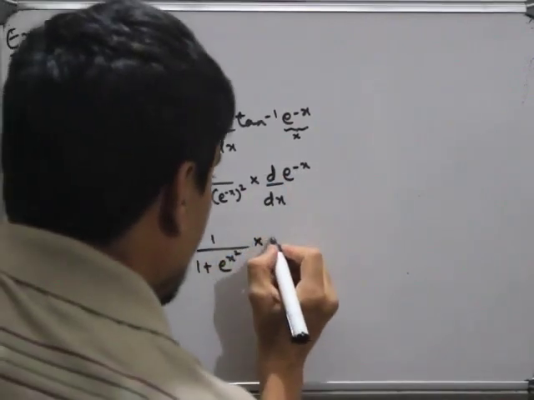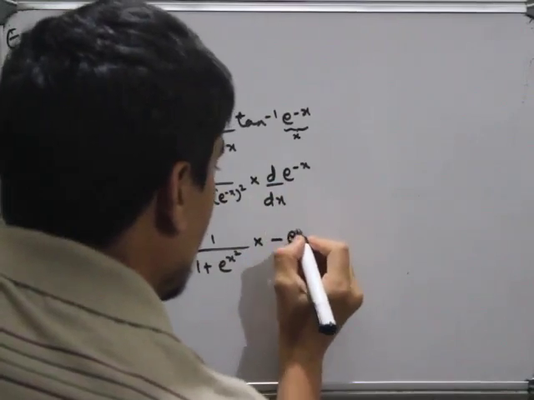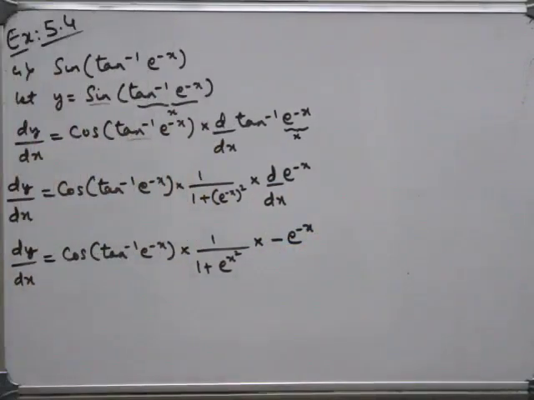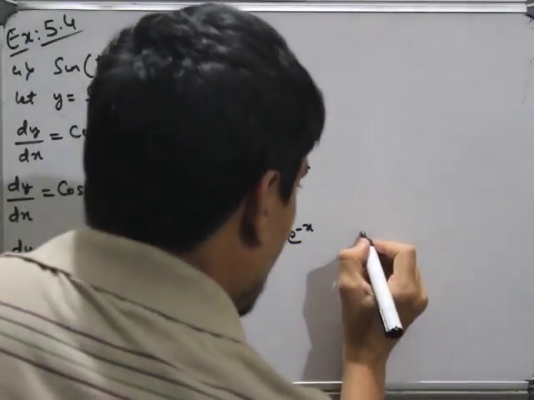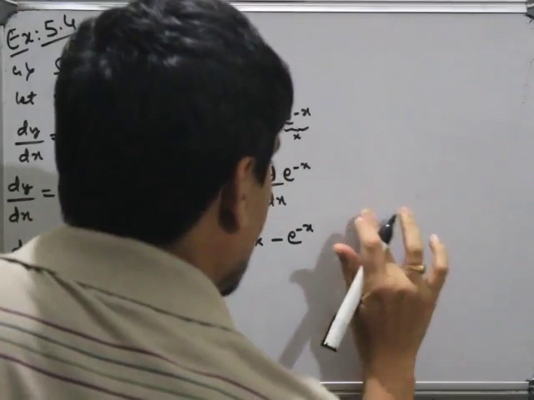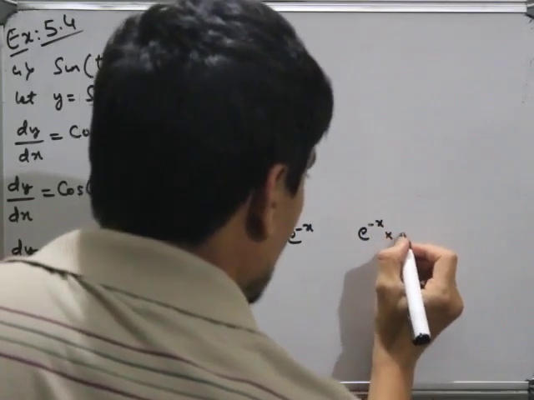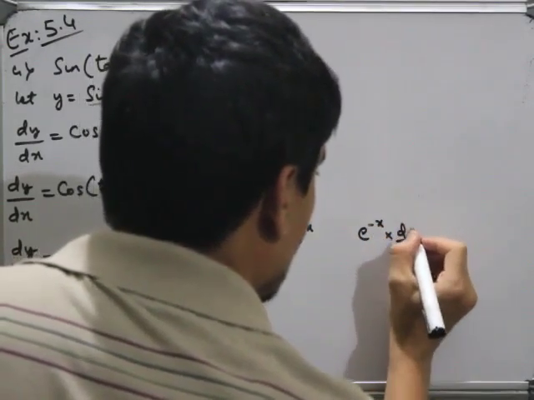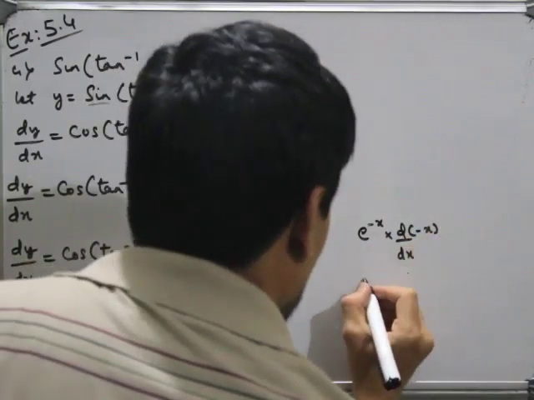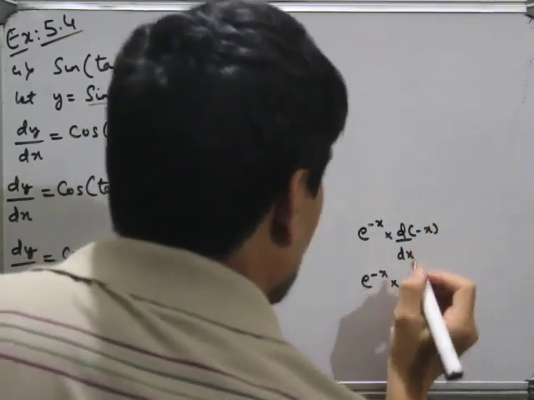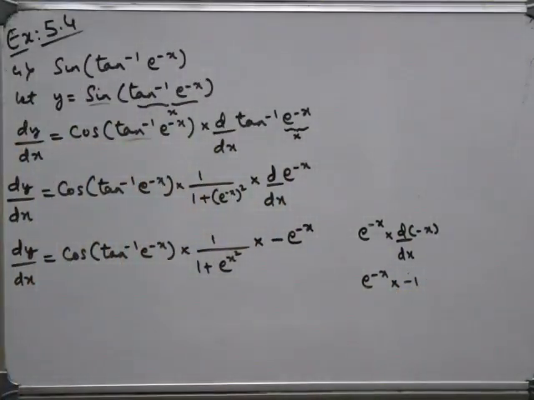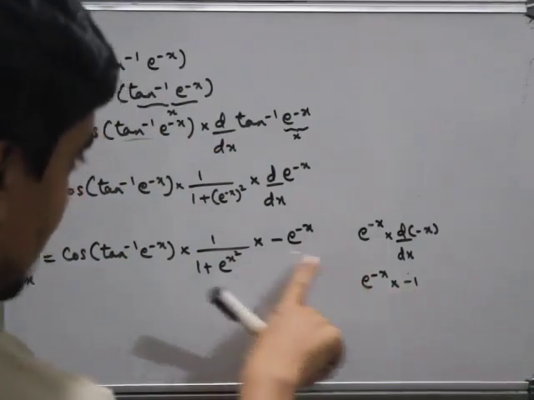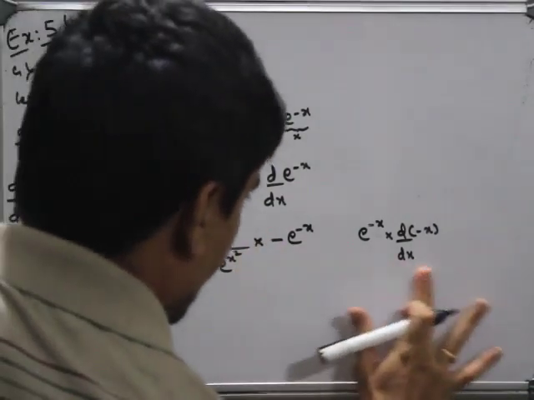So your answer will be minus e to the power of minus x. How did we get here? e to the power of minus x into differentiation of minus x. Differentiation of x is 1, so differentiation of minus x is minus 1. So minus 1 into this term is what I have written here.